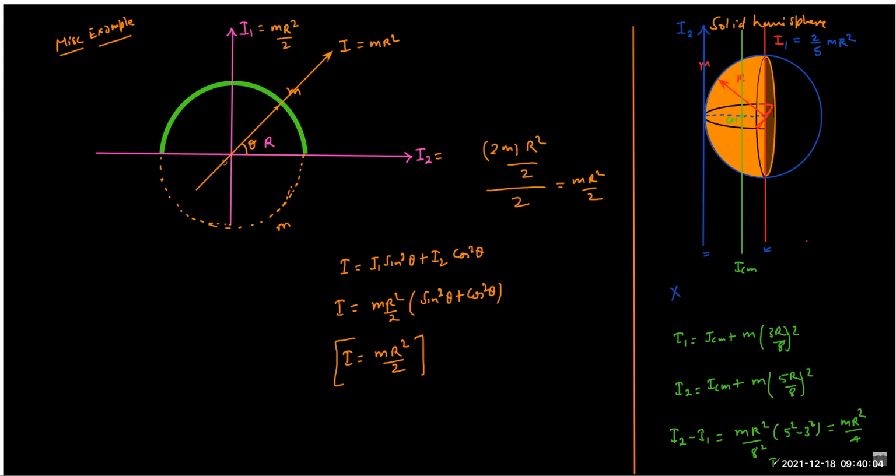So I2 is M R square by 4 plus 2 by 5 M R square. So 1 by 4 plus 2 by 5 is 5 plus 8, 13 by 20, right? So I2 is 13 by 20 M R square. Correct, no? Yes, sir.